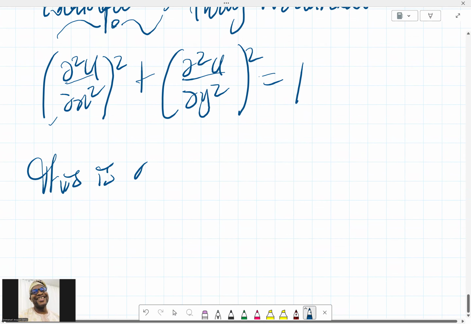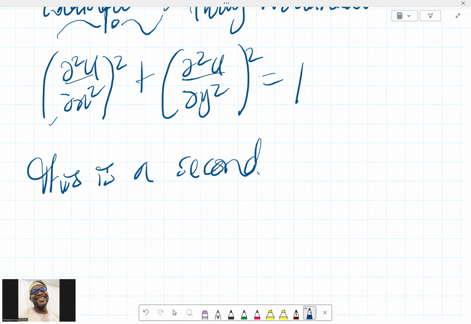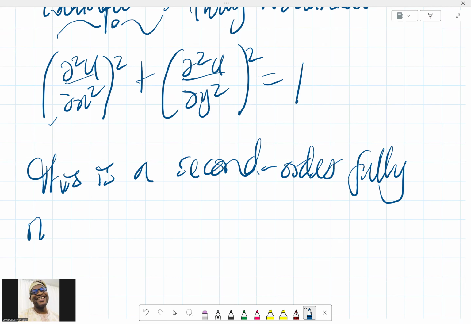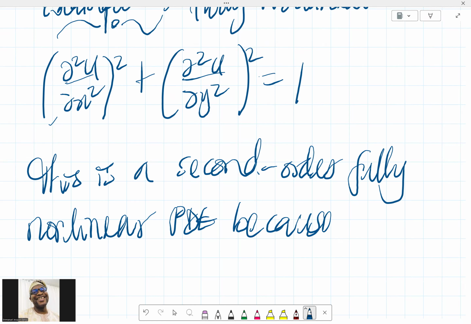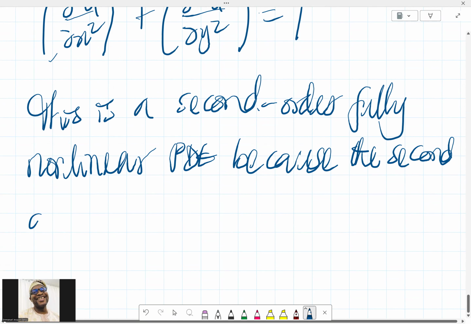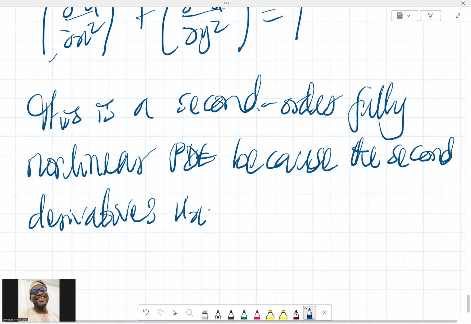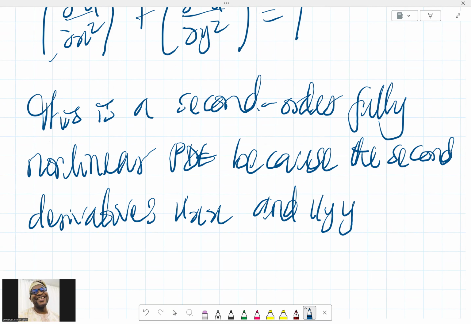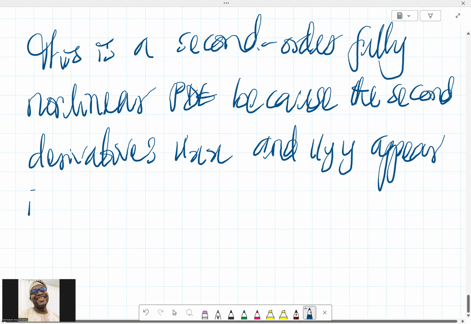This is a second order, fully nonlinear PDE because the second derivatives, uxx and uyy, appear in a nonlinear form.